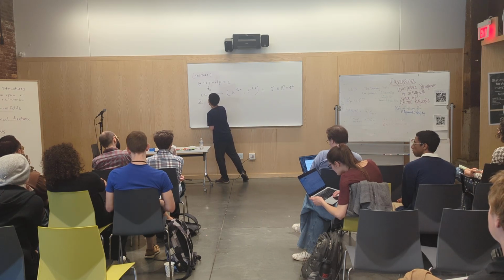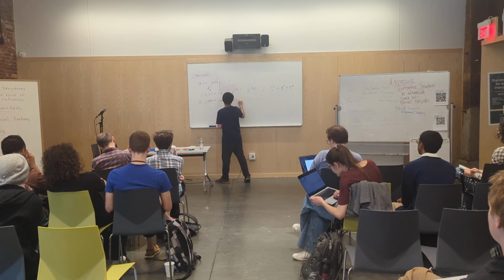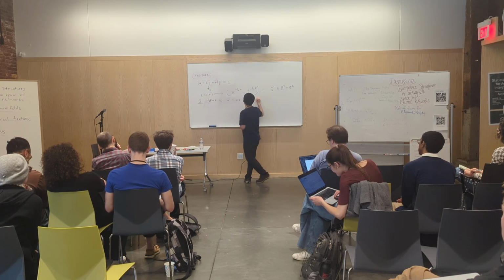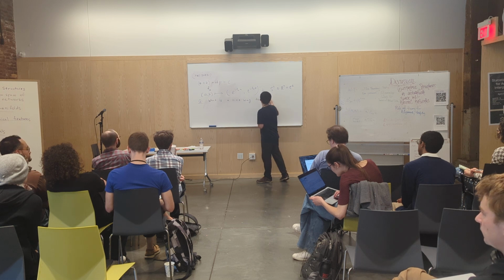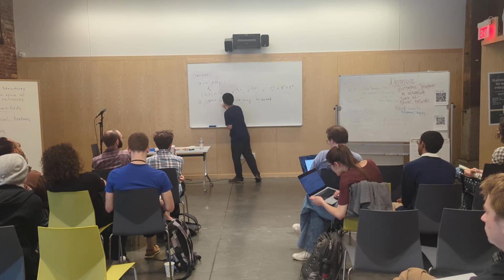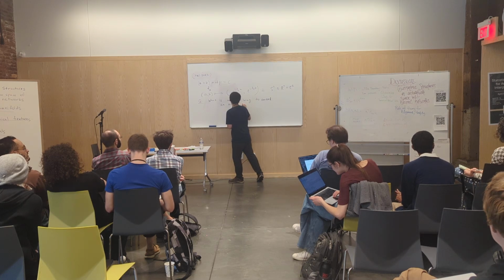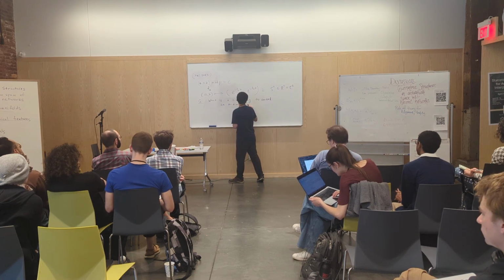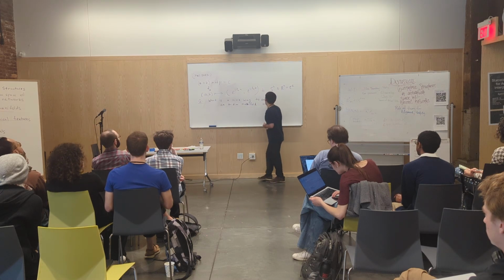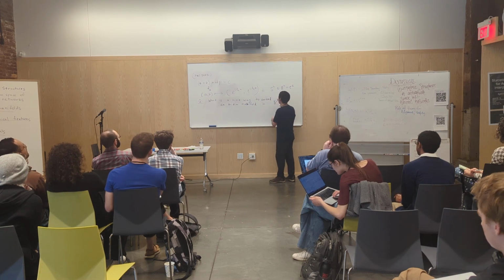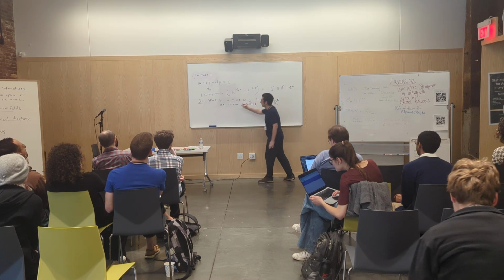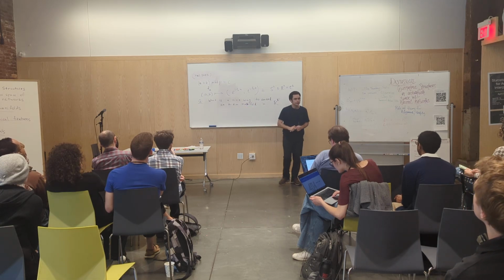And so the question is, what is a nice way to embed an n-dimensional manifold in R^N? And we think of capital N as much larger than little n.